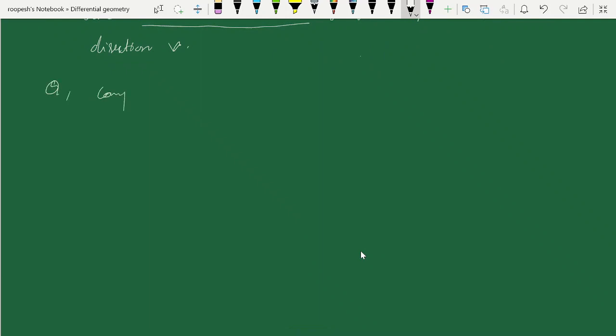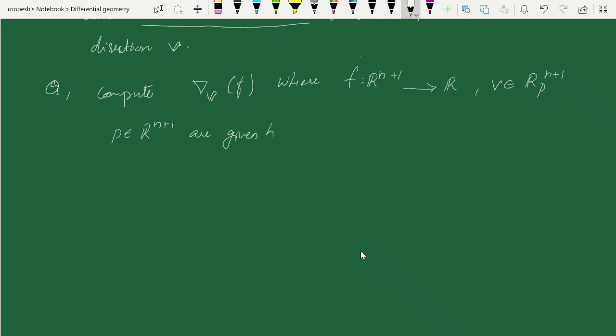Question 1. Compute del v of f, where f from R^(n+1) to R, v belongs to R^(n+1) at p, and p belongs to R^(n+1), are given by: first one, f of x1, x2 is equal to 2x1 squared plus 3x2 squared, and v is given as (1, 0), (2, 1), and n equal to 1.